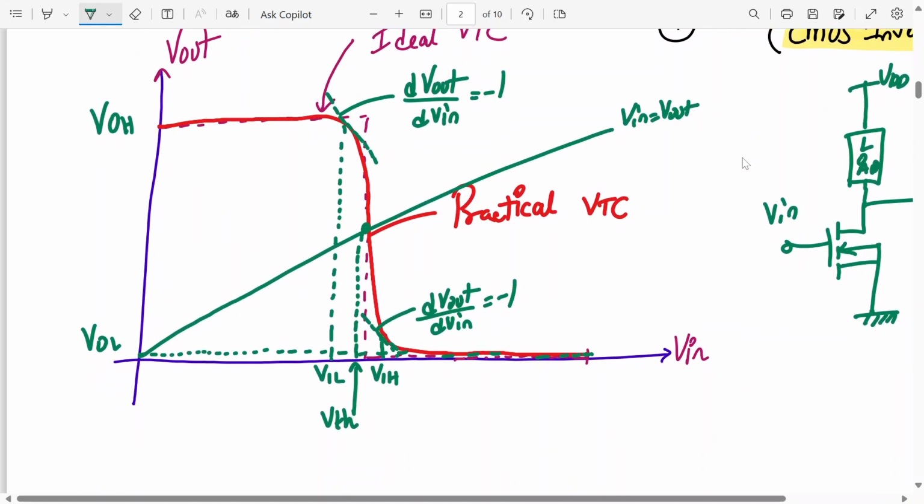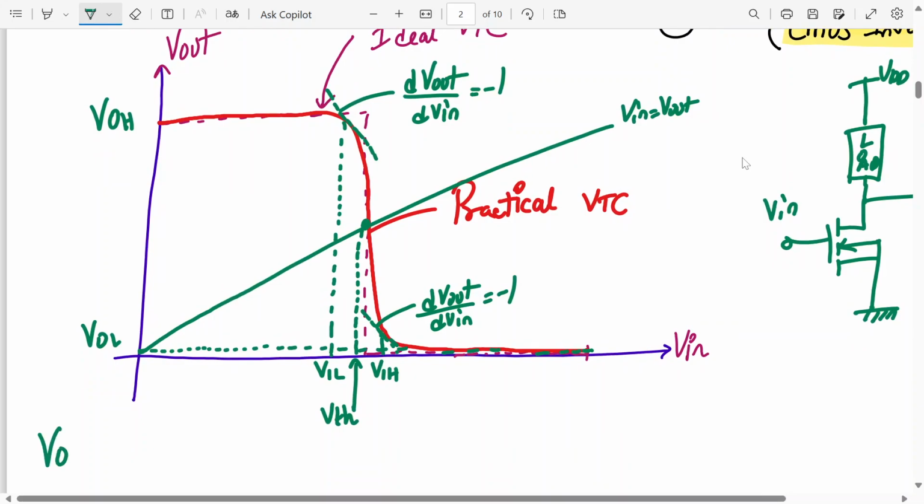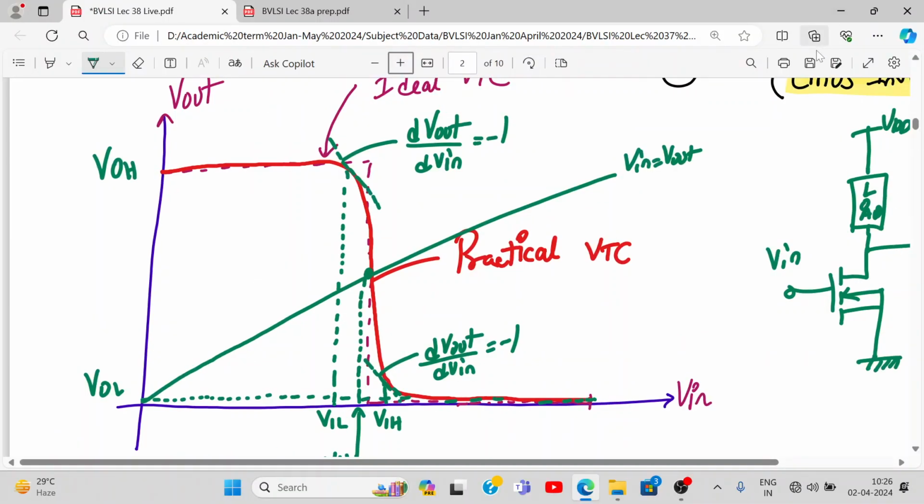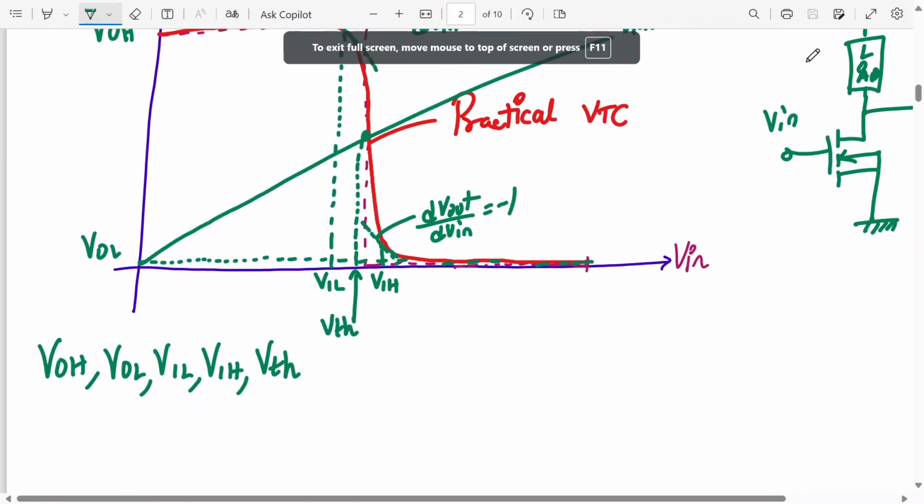So the critical parameters here are VOH, VOL, VIL, VIH and VTH. These are the critical voltages which we need to find out for all the inverters. We need to find the expressions, because they will decide the noise margin levels of the inverter.